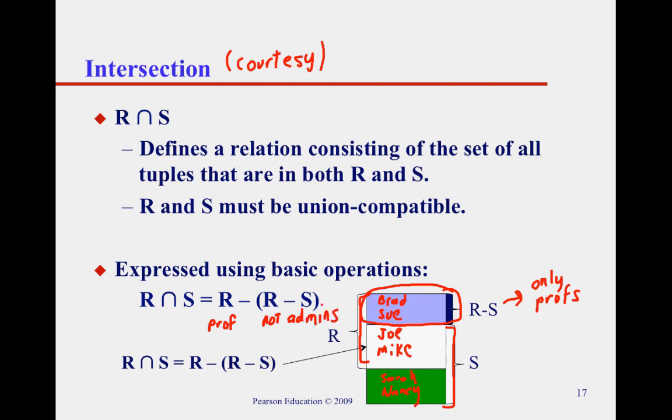So when we're done, what we get is the set of professors who are administrators. So that's how you can do intersection with two set differences.